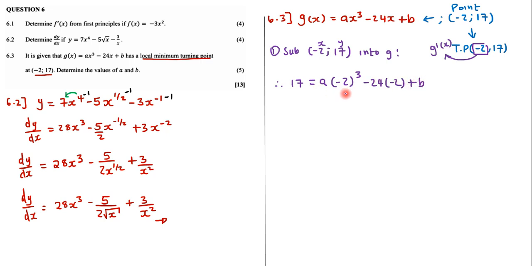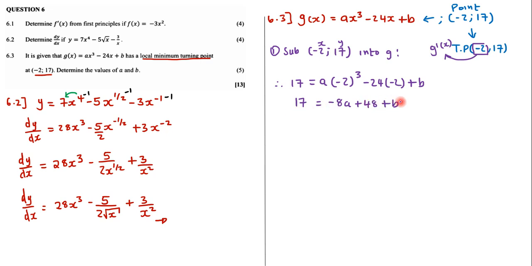Now from here we can simplify this. So 17 equals, minus 2 to the power 3 gives me minus 8a, and then this times 2 gives me plus 48 plus b, right?